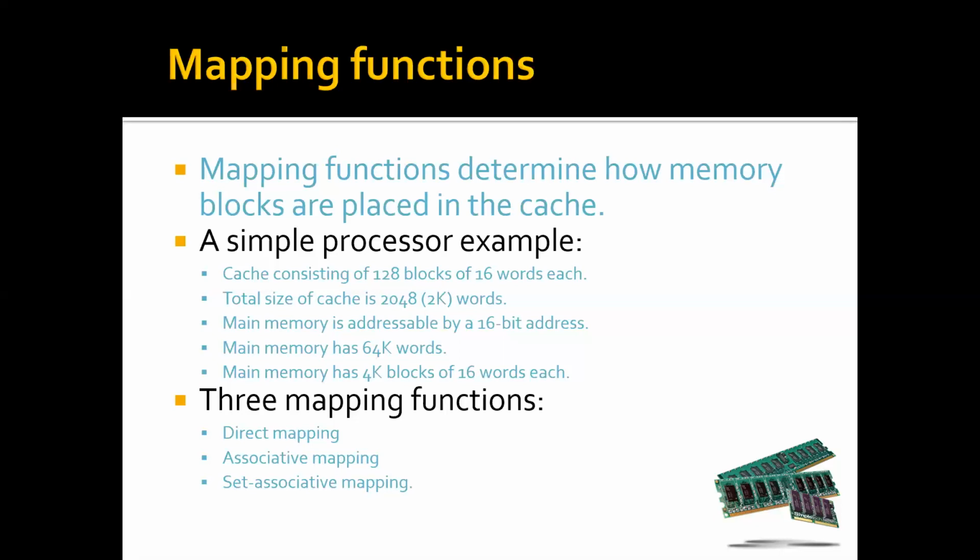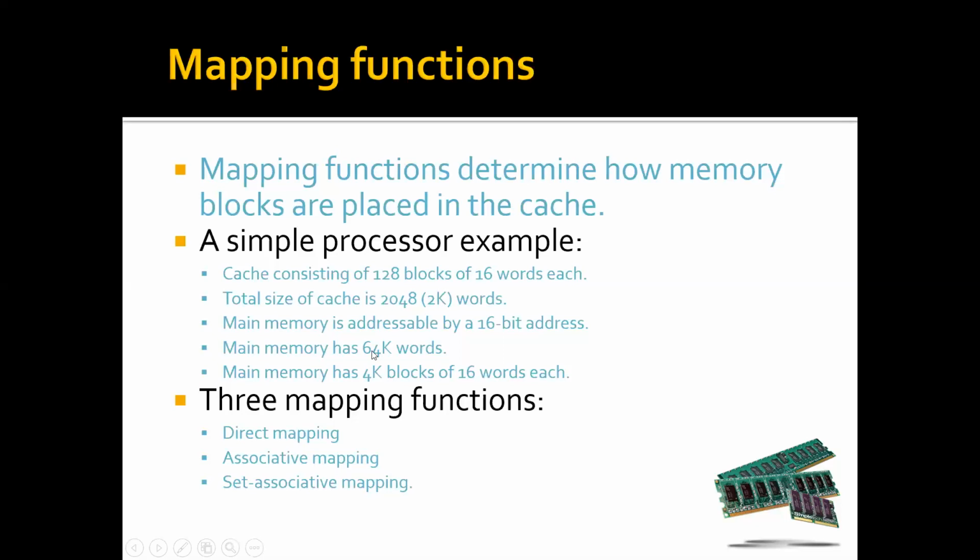So what is the size of our main memory? The size of our main memory is 2 to the power 16. So how much is 2 to the power 16? It is 64k words. 2 to the power 16 is 2 to the power 6 into 2 to the power 10. 2 to the power 6 is 64, and 2 to the power 10 is k, kilobyte.